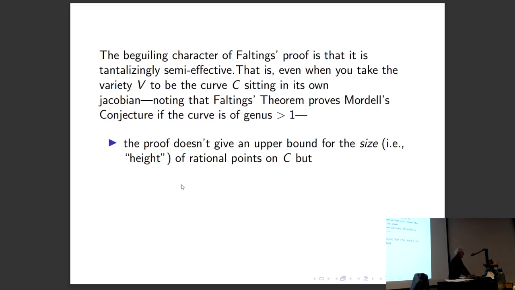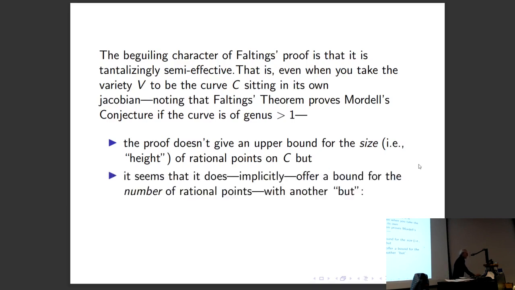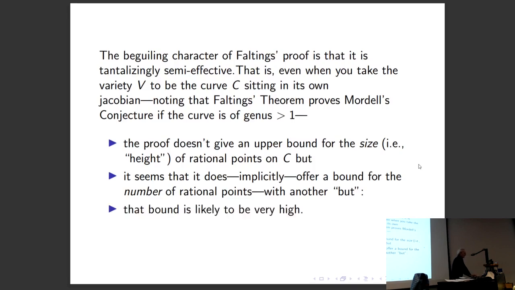The proof doesn't give an upper bound for the size of rational points on C. It does implicitly offer a bound on the number of rational points, but the bound is just incredibly high. It's not something that can be used.